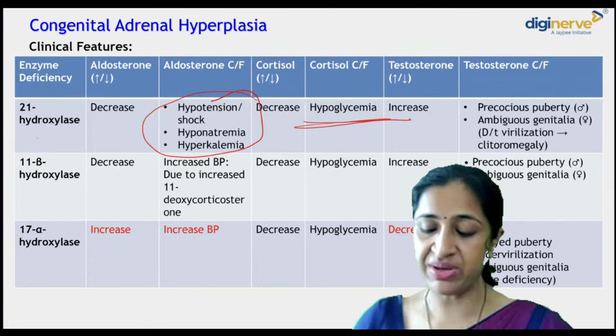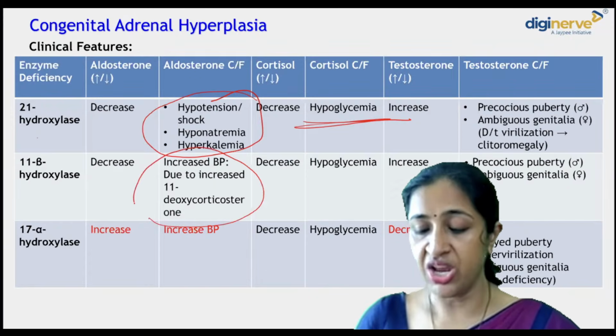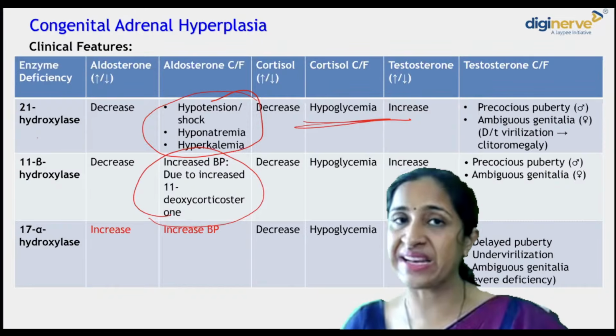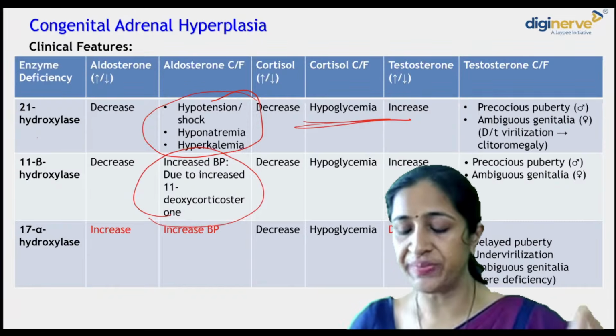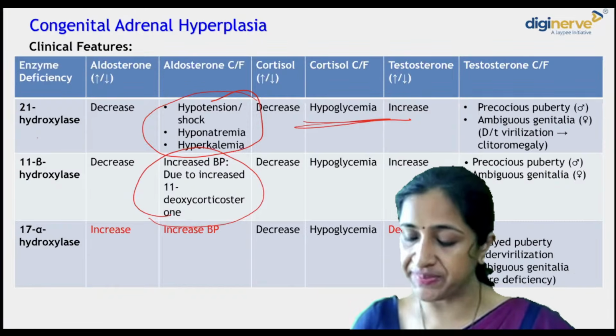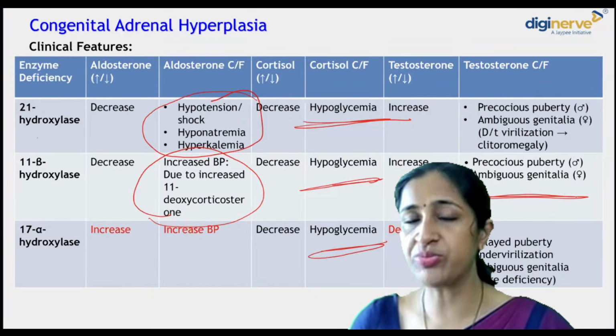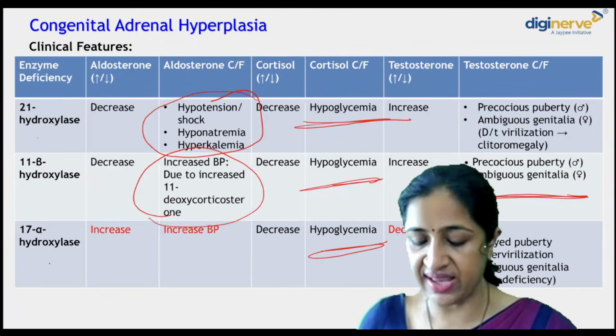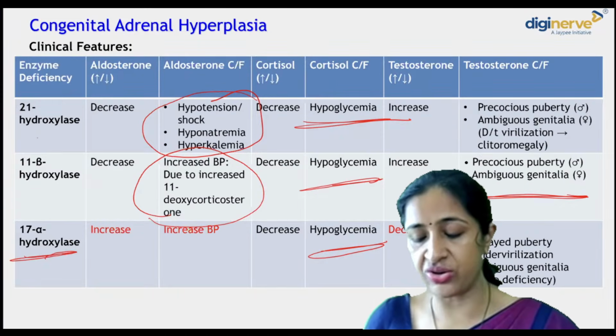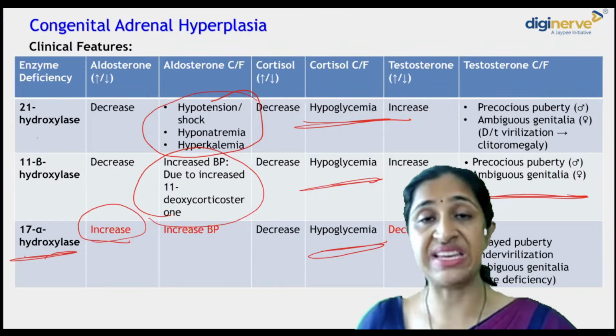In the 11 beta hydroxylase, important is not hypotension, but hypertension, okay, because aldosterone is more, it produces increased BP. There, in all, you will have hypoglycemia. Here also, precocious puberty and ambiguity is there. In the 17 alpha hydroxylase, your aldosterone is increased.